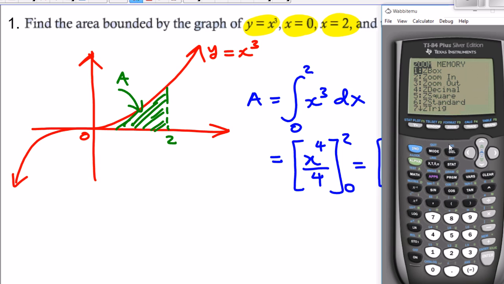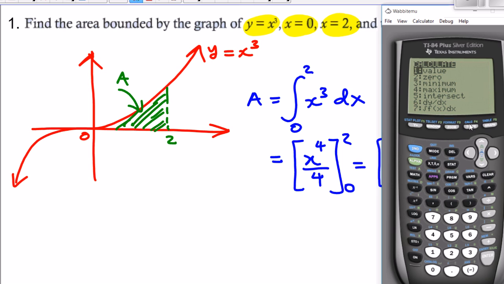Now what I'm going to do is zoom box, Z box, just to highlight the part that I want, from x is equal to 0 to 2, somewhere there. Okay, have a better view of the graph.